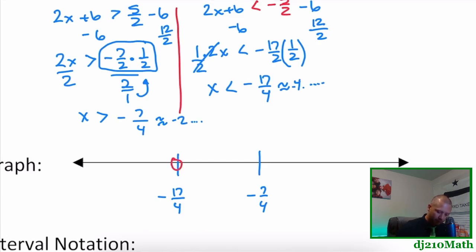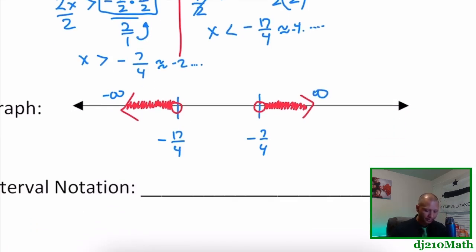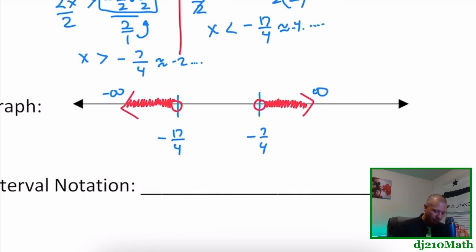All right. The circles are going to be open because they're strictly less than, strictly greater than. So x is greater than negative 7/4, so greater than negative 7/4 is to the right. X is less than negative 17 over 4, and that is to the left because it's less than. Again, negative infinity is to the left, and infinity is to the right. So now it should be clear how the interval should look.